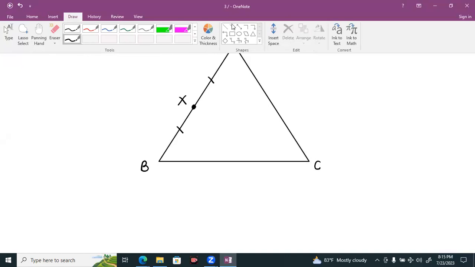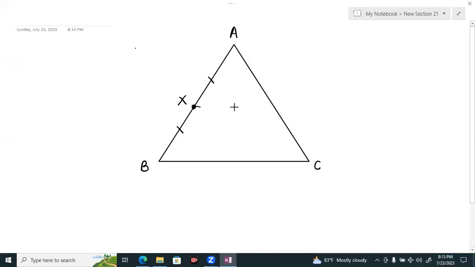Then after, it is mentioned that the straight line segment drawn from this midpoint to the other side is parallel to it. Okay, it is parallel to the other side.